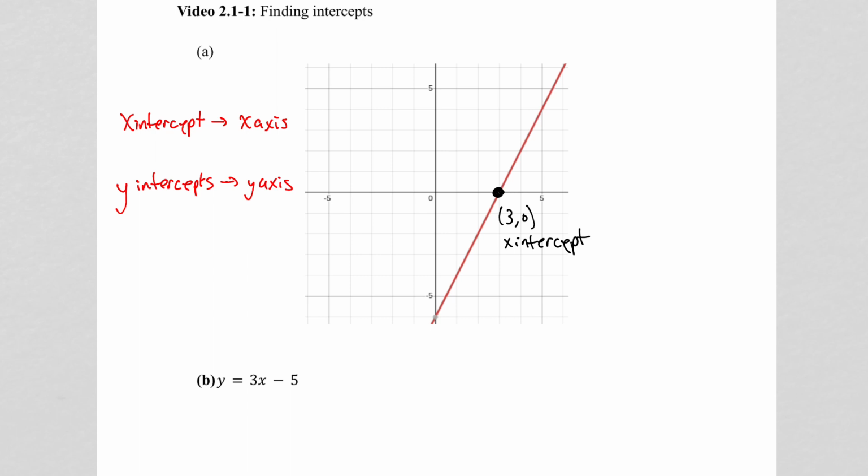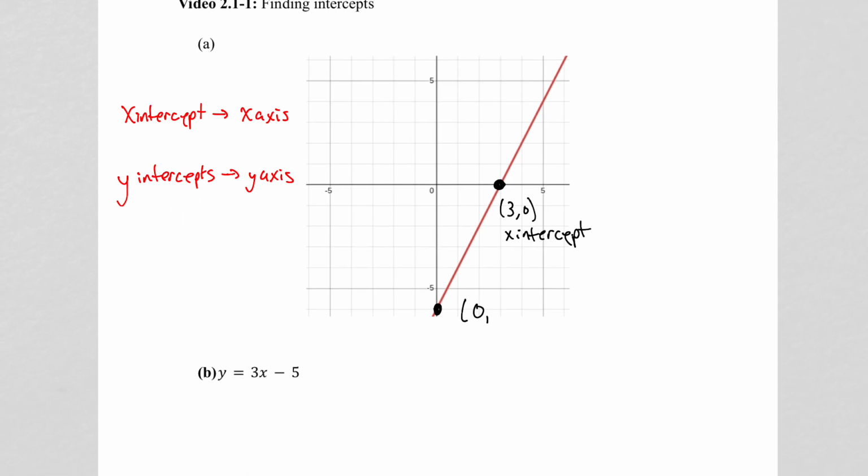And it has a y-intercept at -6. So it has an x-coordinate of 0. We're left and right 0 units from the origin, and we are 6 units down. So there's a y-intercept of 0, -6.